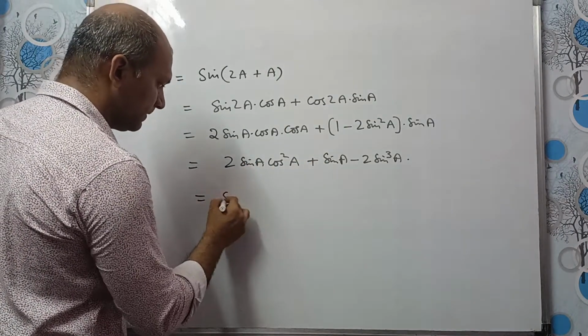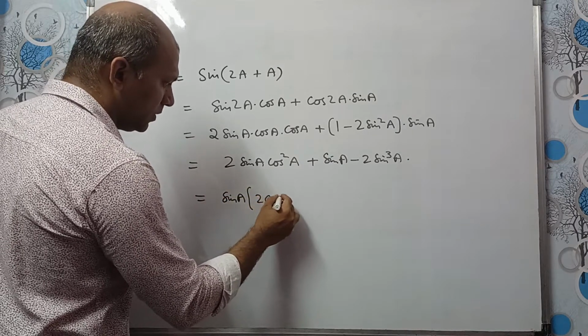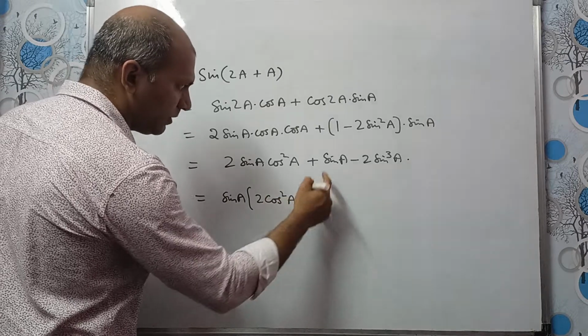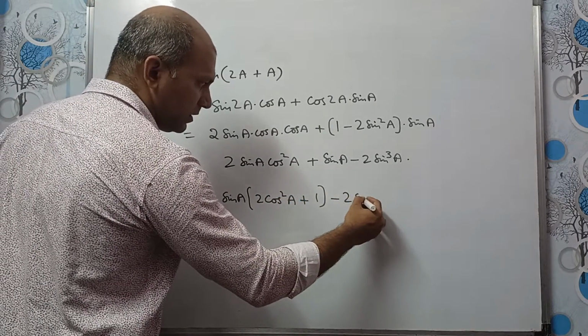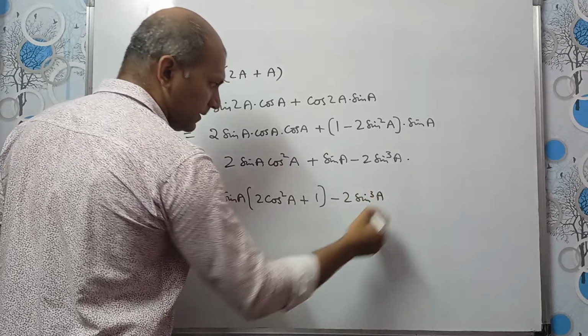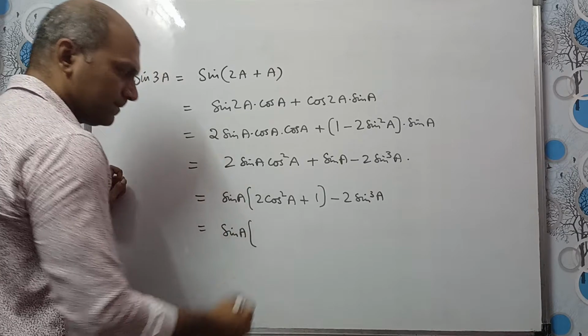If you take sin common, we have 2 cos square A plus 1 minus 2 sin cube A.